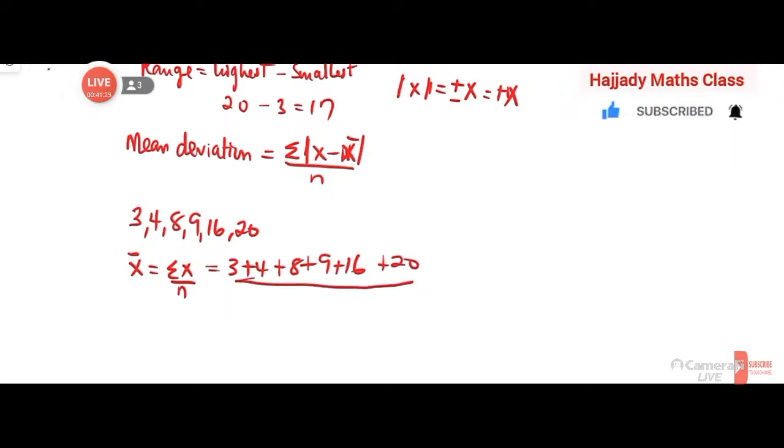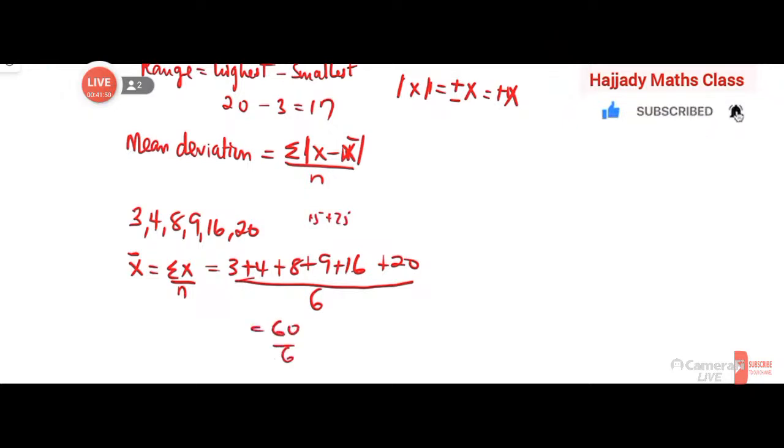We have 6 altogether. So our mean, x bar, is equal to 3 plus 4, 7, plus 8 and 9, we have 15, plus 16 and 20, which is 40, which is 60 over 6.